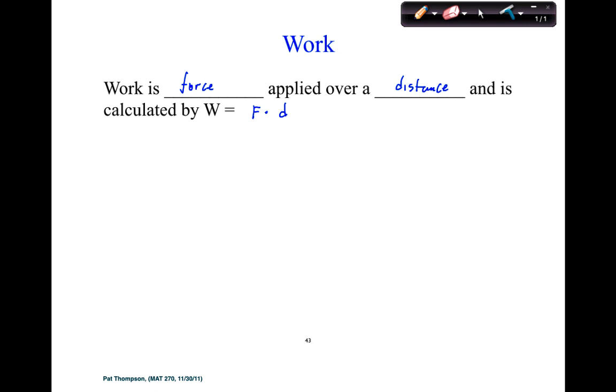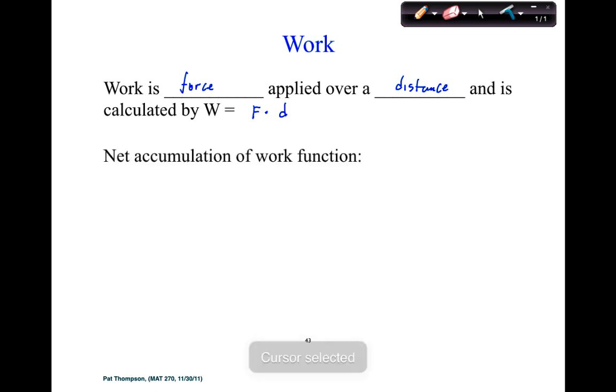But then we know force can vary. Your distance can be curvy. It can not be straightforward. That's when things are complicated, but we worked on that last time. And when that's true, we have the net accumulation of work function, or accomplished work.